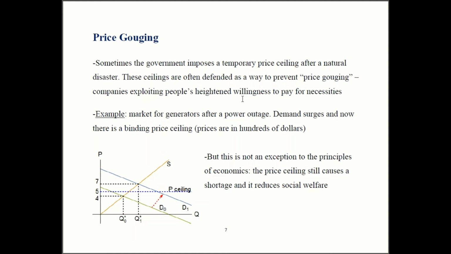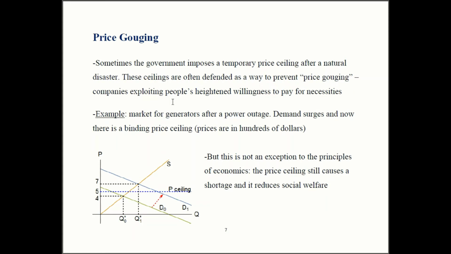So, one possible illustration. Let's look at the market for generators after a power outage. So we can't get electricity from just turning on the lights. If there's a power outage, you've got to have some other source. So you suddenly want to buy a generator to use that instead to keep the lights on, keep the fridge on, keep the power running.